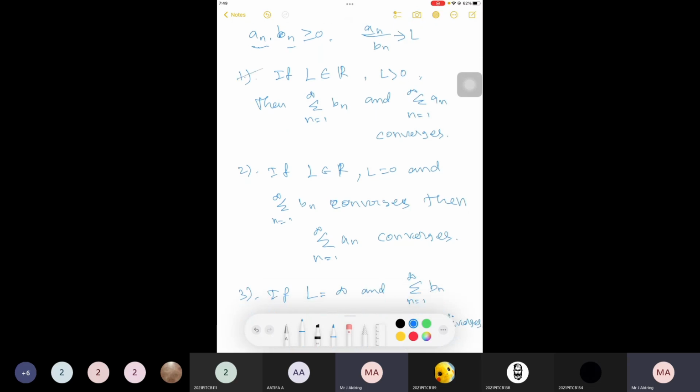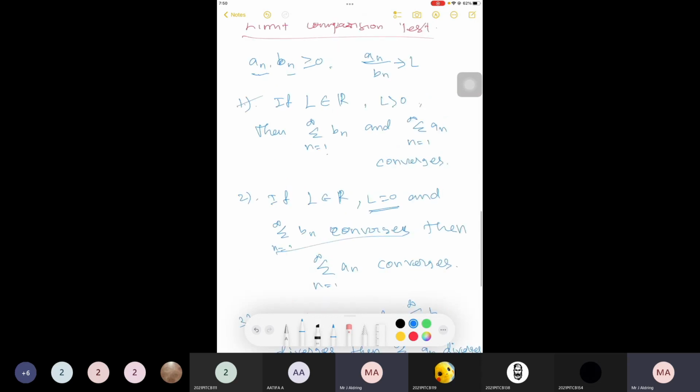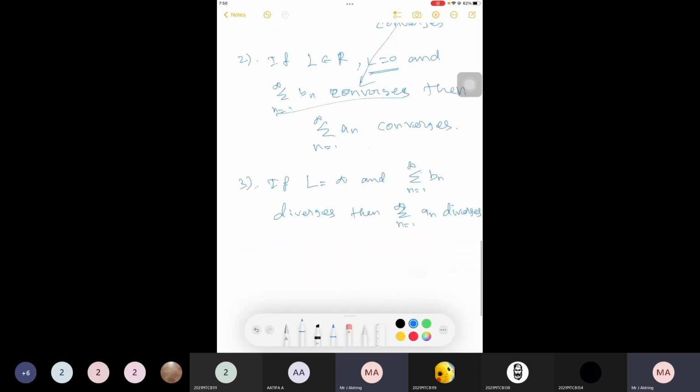If the L belongs to R and L is greater than 0, then we can say both series converge. Suppose the L value equals 0 and b_n converges, then we can say that the numerator a_n also converges. The fourth one: suppose L tends to infinity and b_n diverges, then a_n also diverges.